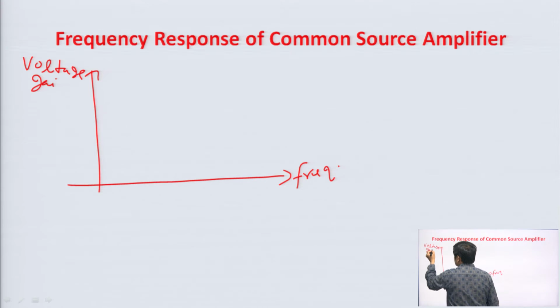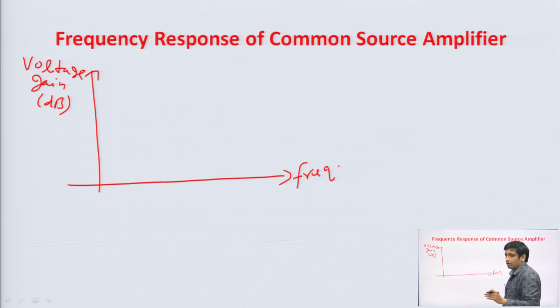Now, in unit 1, since we neglected all the capacitors, we directly calculated the value of the voltage gain, and we were thinking that this voltage gain is there for all frequencies, but it does not happen actually. That voltage gain is not constant for every frequency. That voltage gain is reduced at low frequency and at high frequency.